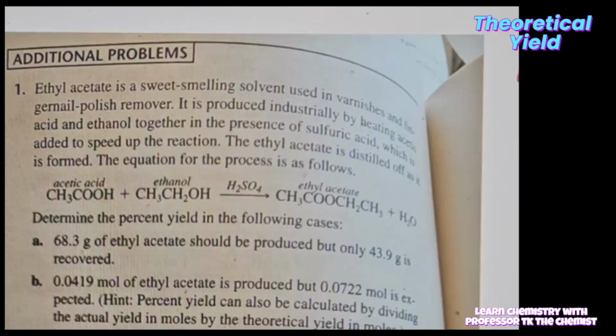Should be produced and what was recovered are two different things. What should be produced is your theoretical yield.